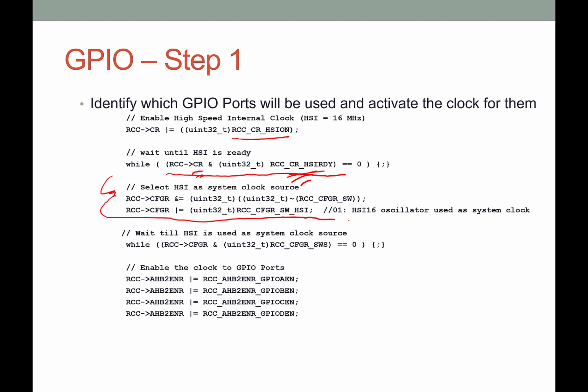Again, not something that we'll have to actually use too much, or maybe I should say, not something we're going to have to know too much, but just it has to be there. We have to have that high-speed clock used as the system clock. That's what's accomplished there. And then we're going to wait until that's finished being done.